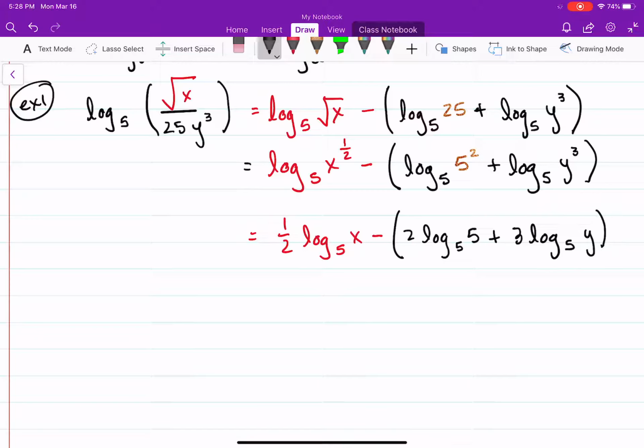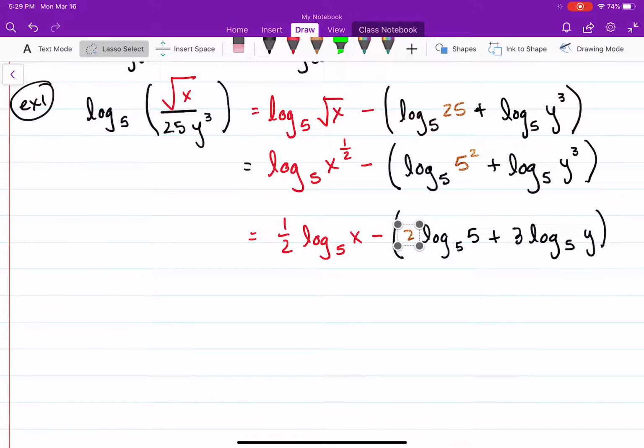Let me do this just so you can see. Let's change this to this color so you see where the 2 is coming from.